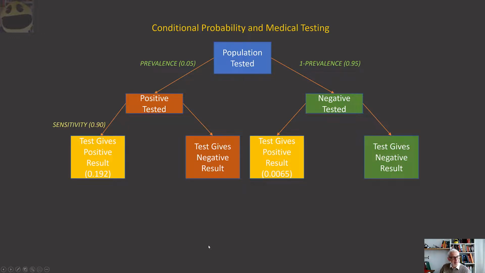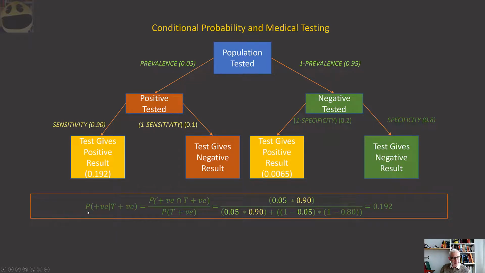Our sensitivity, in other words, our test is 0.9, which means that 0.9 of the time it will give a positive test when you are positive. Obviously, it's 1 minus sensitivity on the other side. Specificity is 0.8. It will detect that you are negative when you are negative. And the other bit there, 1 minus specificity, 0.2.